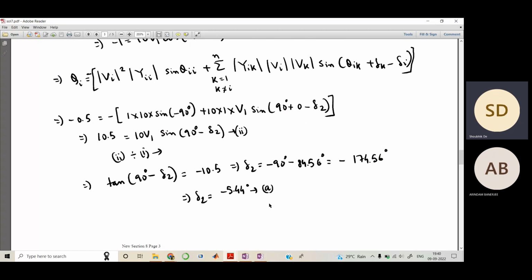These load flow problems, especially this Newton-Raphson method, then your Gauss-Seidel method, are pretty lengthy problems. In the previous problems 5, 6, 7, you saw that they told us to determine the bus voltage after the first iteration.